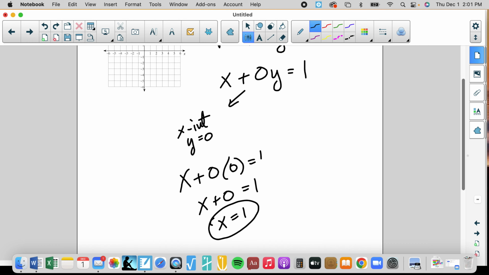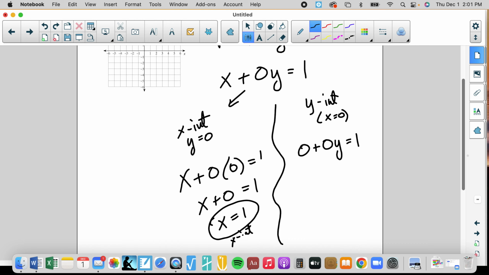X equals 1. That's my x-intercept. And to find my y-intercept, I'm going to plug in 0 for x. So we get 0 plus 0y equals 1. 0 plus 0y is 0y. And then we divide by 0. And we get no y-intercept. So it's not going to cross the y-axis.